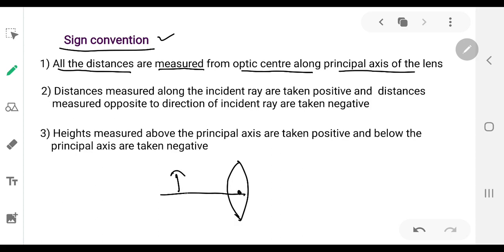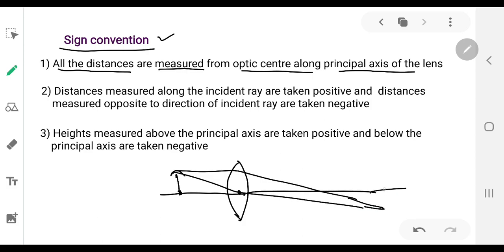We have kept the object, and after refraction here is the image formed.